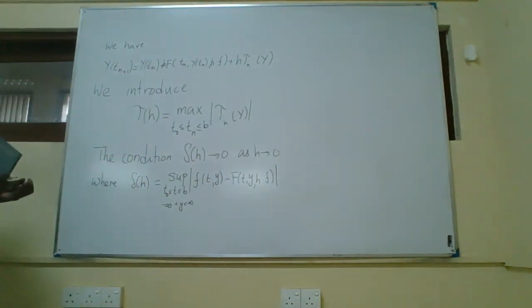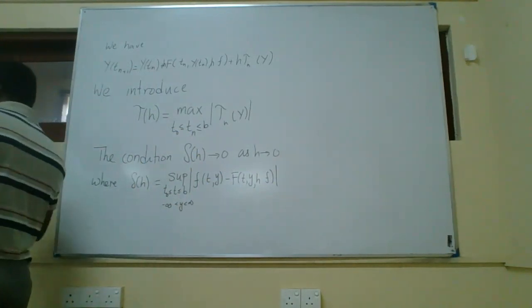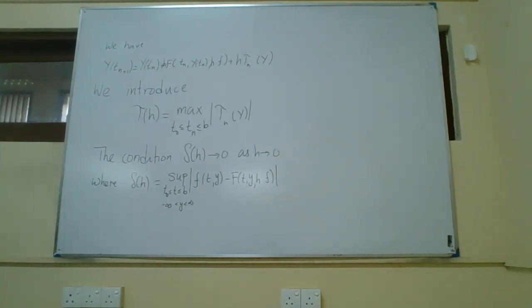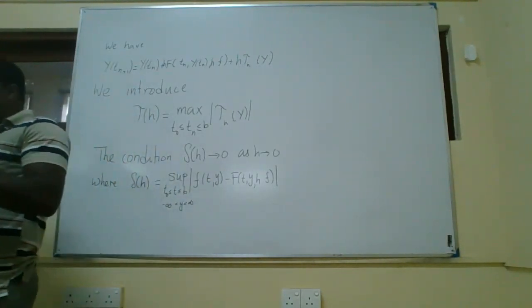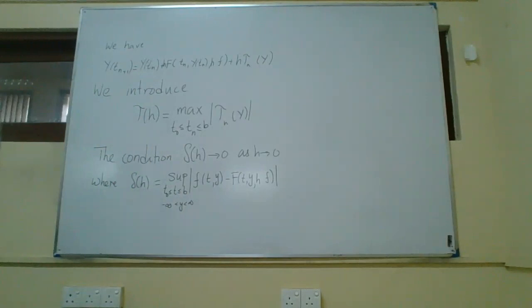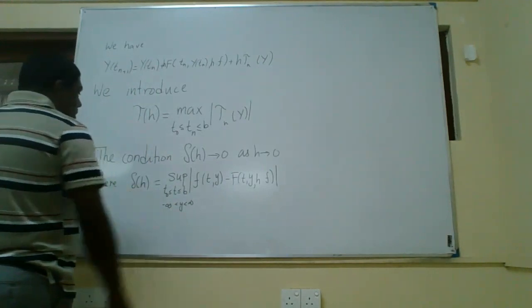Okay, so last time we defined a variable called delta h, small delta h, and that is basically the supremum of the difference between small f and capital F, over all t, right? So we use that. So we see that we need to have this to be 0, right?